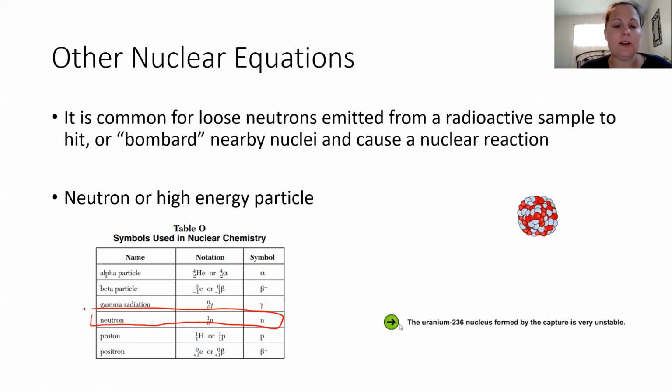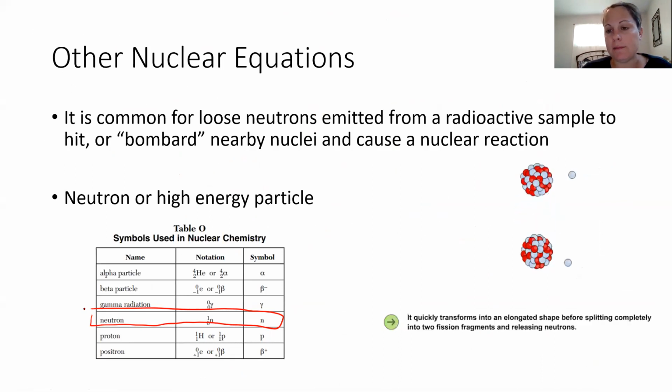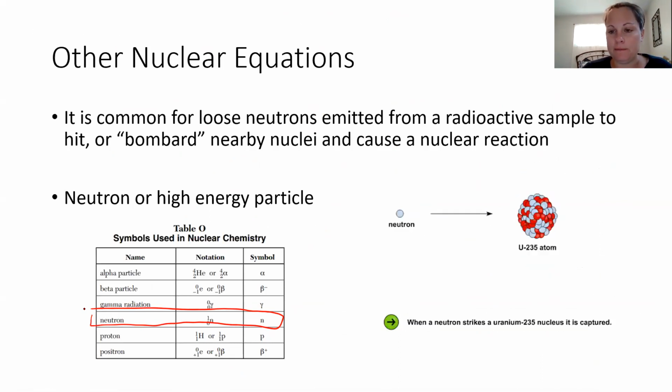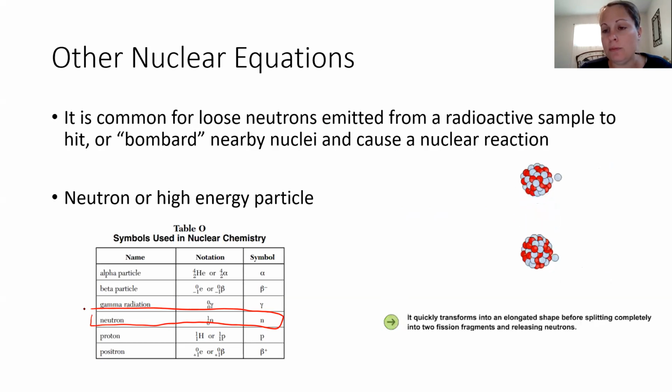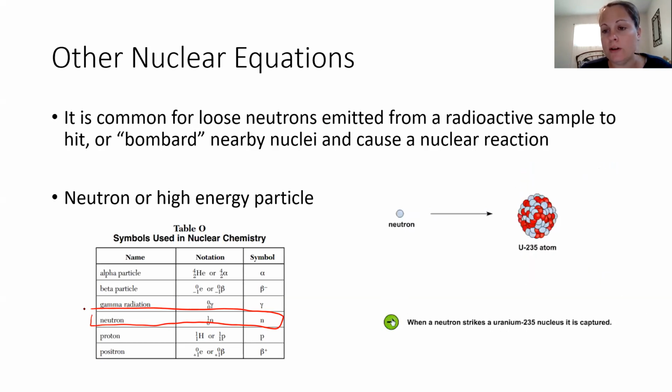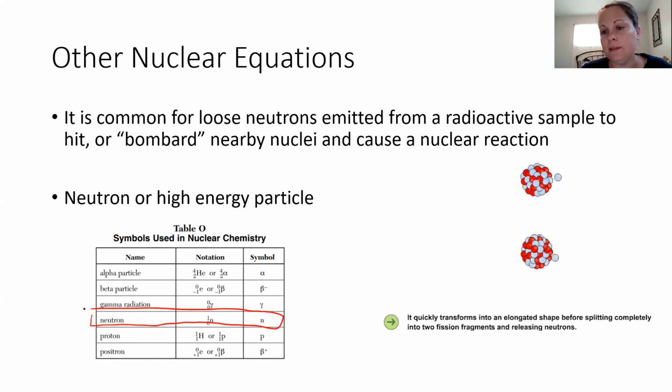This graphic that you see going on the right shows an example of what that might look like. So if your neutron hits a uranium-235 atom and splits it apart, it could result in new particles as well and more neutrons. So you're literally changing the nucleus of uranium into two smaller nuclei of potassium and barium.